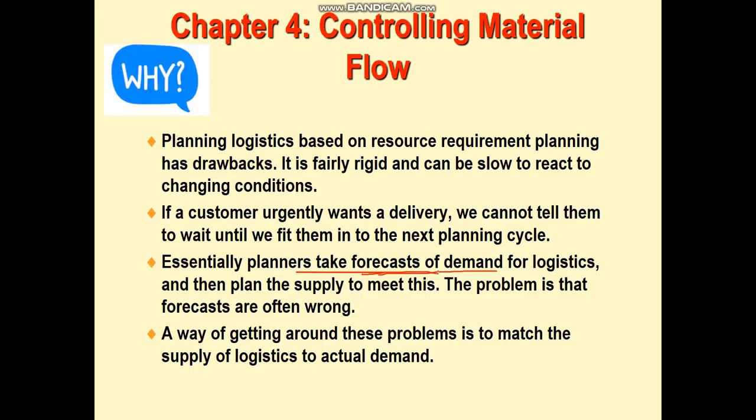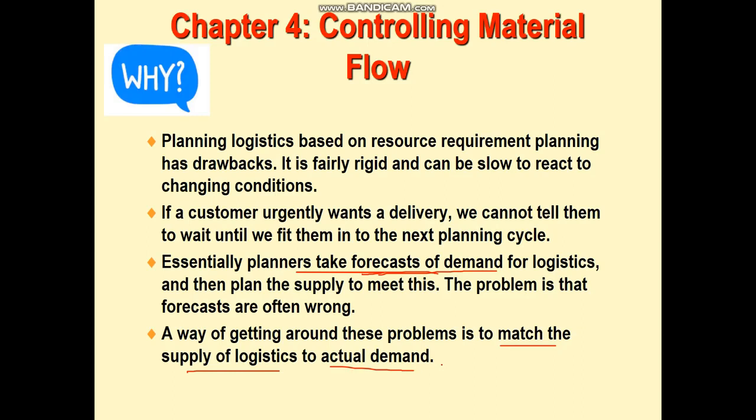And how can we solve this problem, to improve on these disadvantages? We try to match the supply of the logistics to the actual demand, and controlling material flow will help us solve this problem.